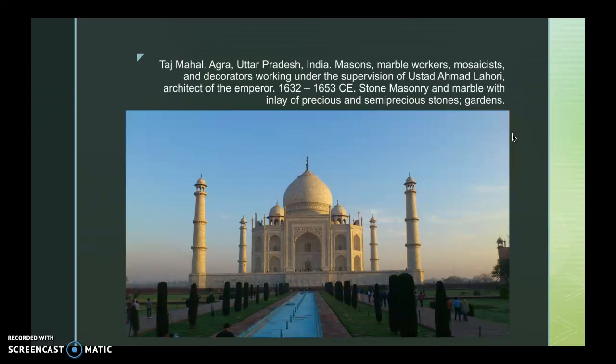Now, as you probably know from the stories, the Taj Mahal is always thought of as a monument to love, that Shah Jahan built it for his beloved wife, Mumtaz Mahal, that he was devastated by her death and built this as her tomb to forever commemorate his great love for her.